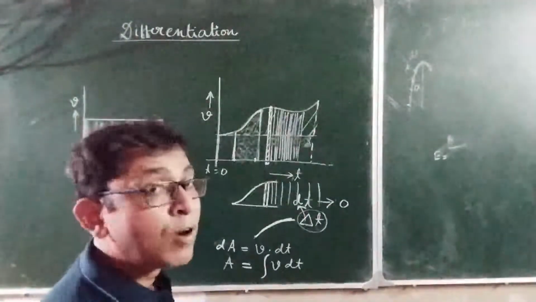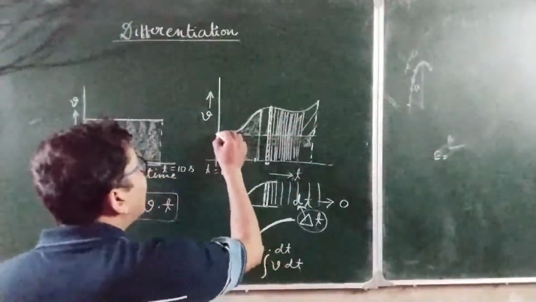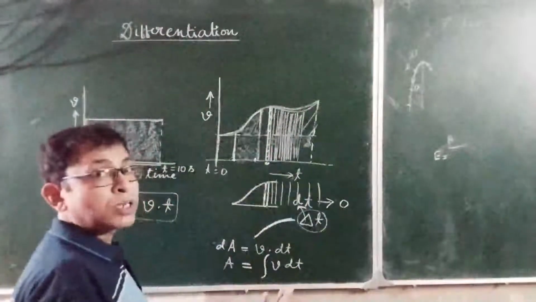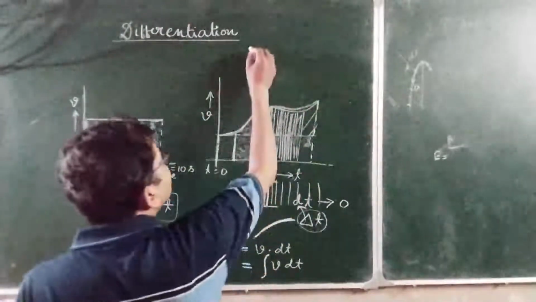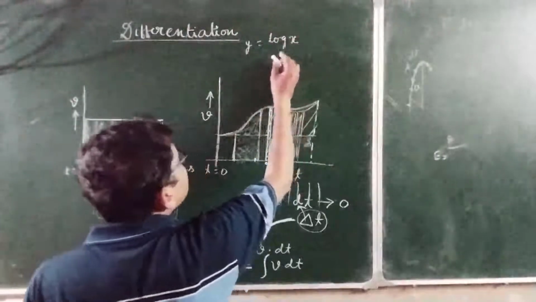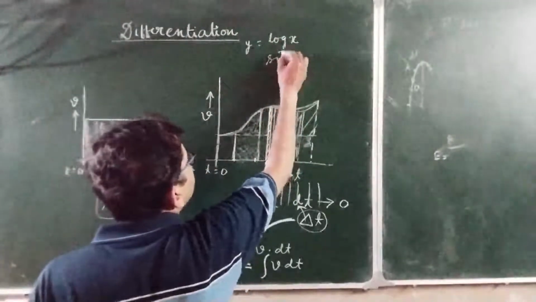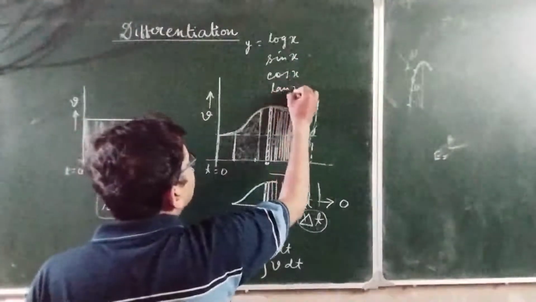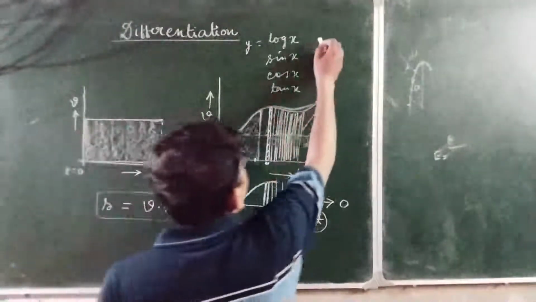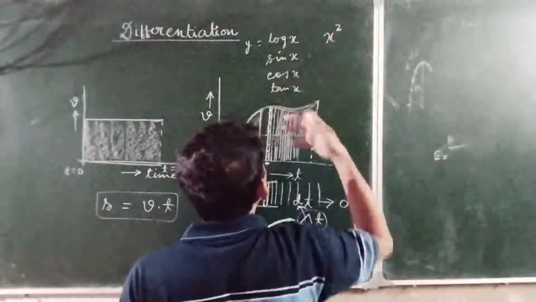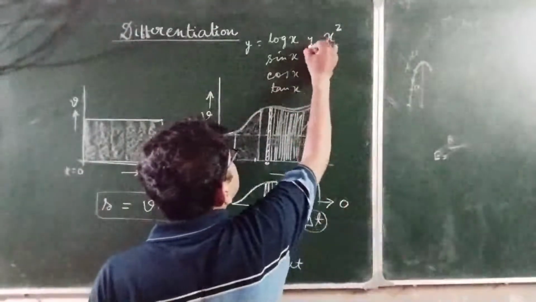What kind of function is this? This curve represents what kind of function? Whether it is a logarithmic function, a sine, cosine or tangent function, or an exponential function, what kind of function is this?